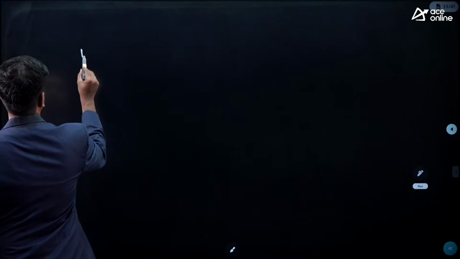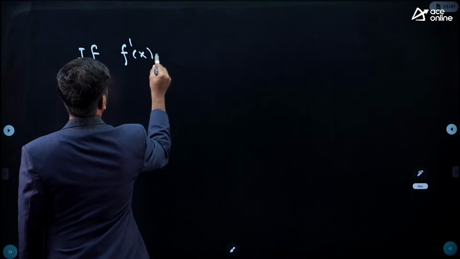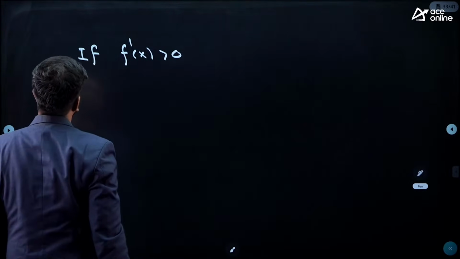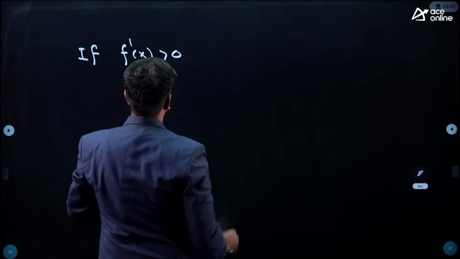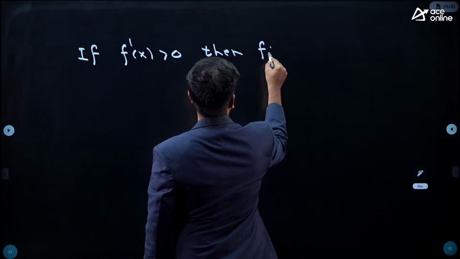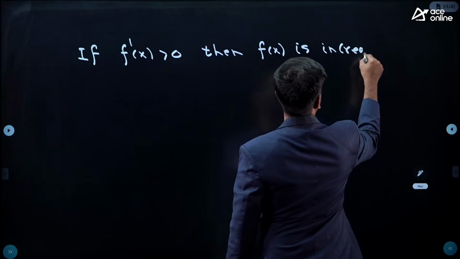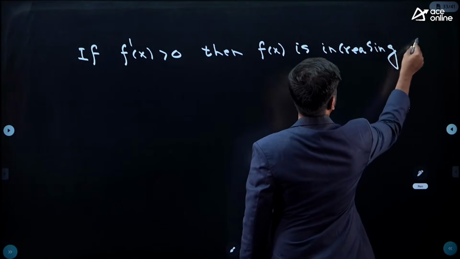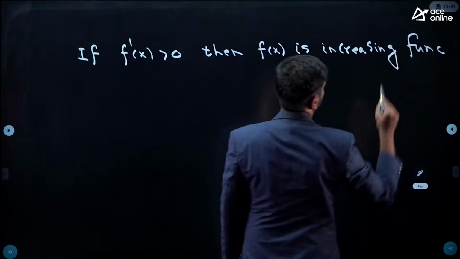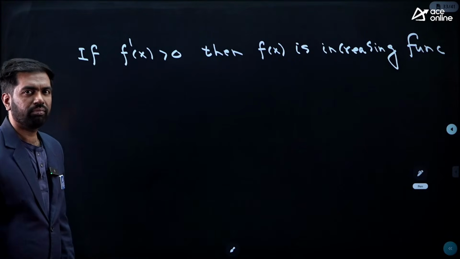So look at this. If f dash of x is greater than 0, then I can say f of x is increasing. It's an increasing function. Yes or no? Like we say, if the slope is positive, the function increases.